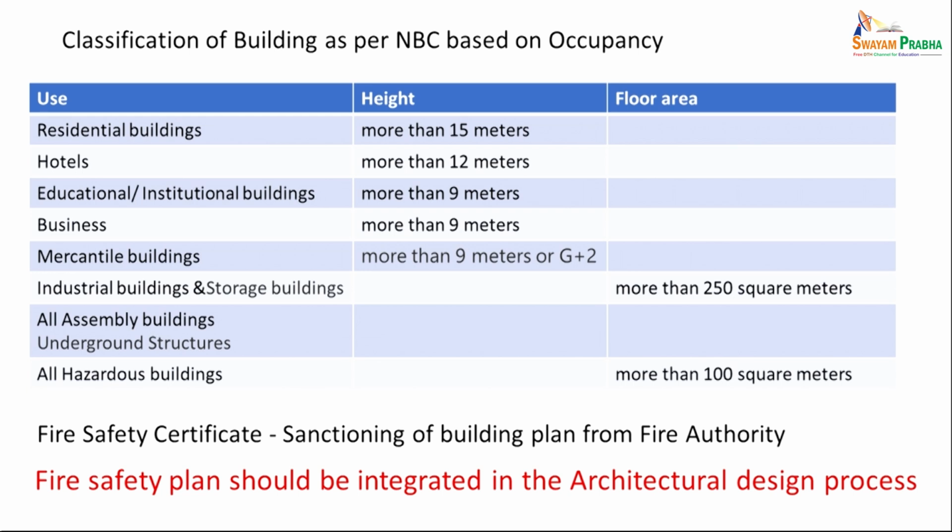So, it does not allow any building without a safety certificate under that category. All hazardous buildings more than 100 square meters need a fire safety certificate. See, all assembly buildings could be a multipurpose hall. It may be 100 meter square and still be an assembly building, a multipurpose hall.